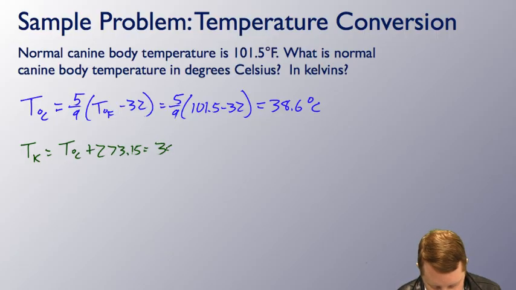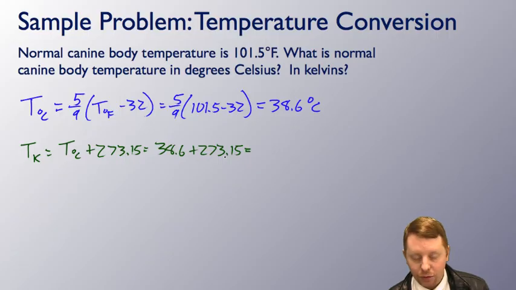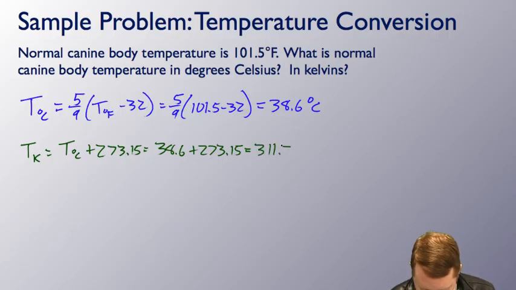So that'll be 38.6 plus 273.15, for a normal canine body temperature of about 311.75 kelvins.